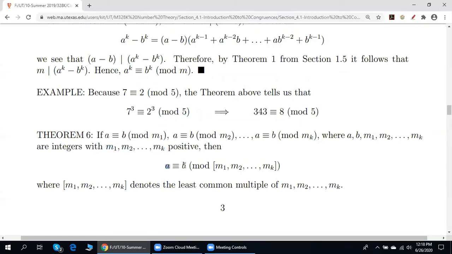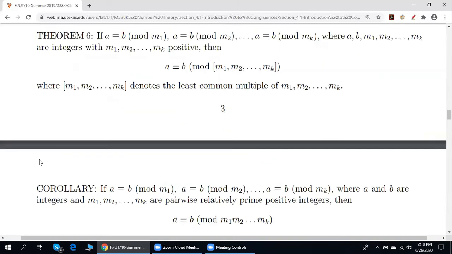Then A is congruent to B modulo the least common multiple of M1, M2, and so on Mk. Here's a corollary. If all these numbers are pairwise relatively prime, then A is congruent to B modulo their product.